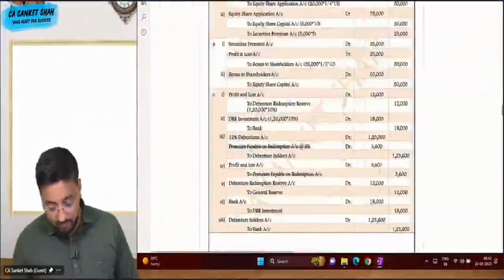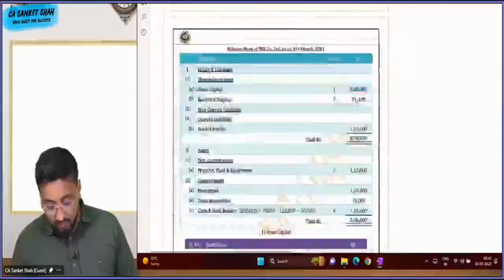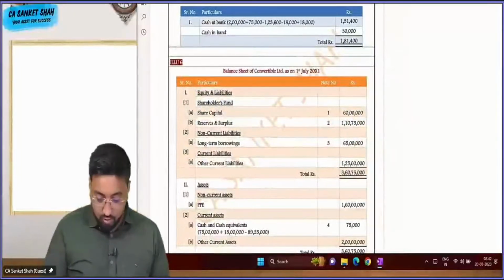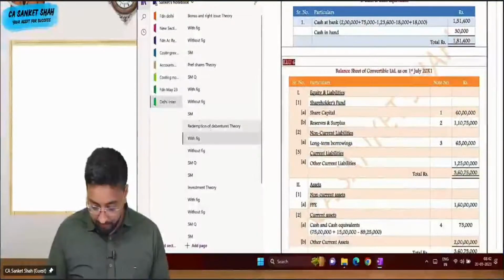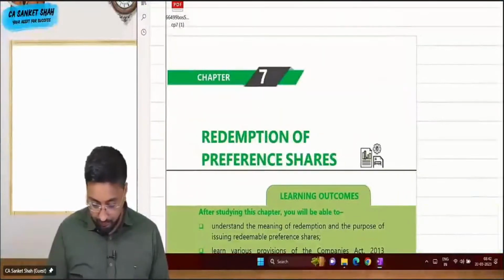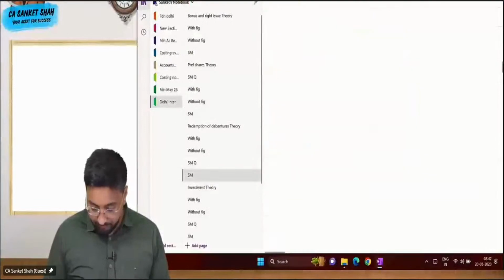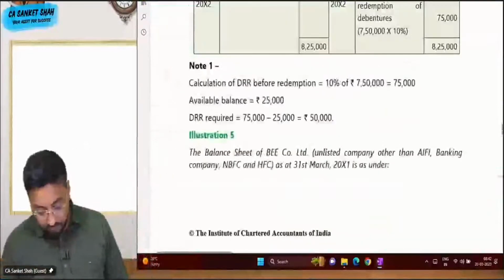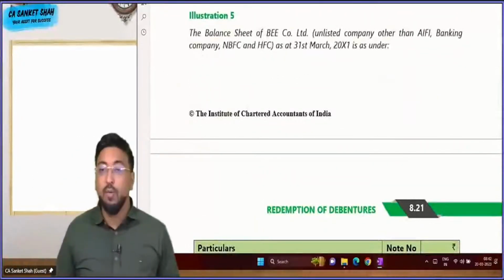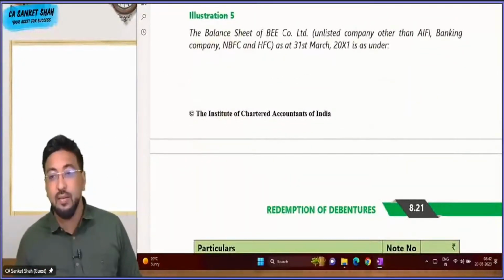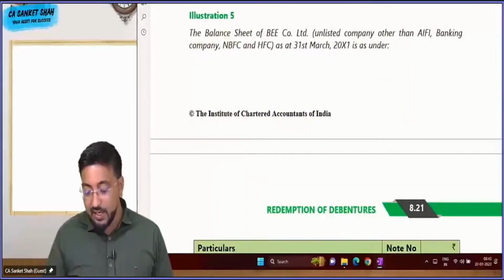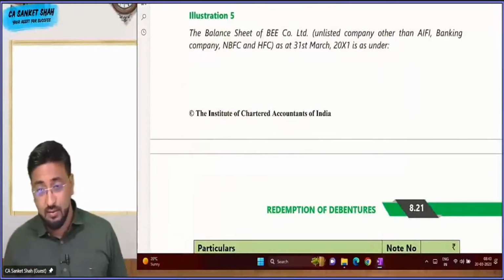Chalo students, now come to question number 5. It's updation of your balance sheet. So let's finish it. The balance sheet of B company, unlisted company other than AIFI, banking company, NBFC and HFC as on 31st March is as under.